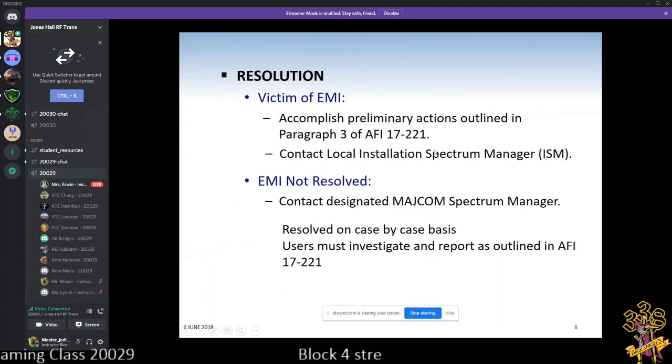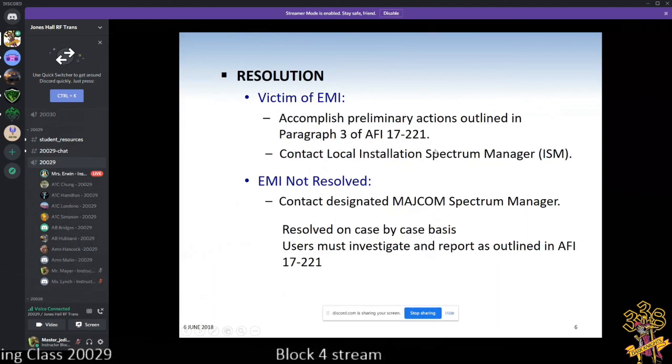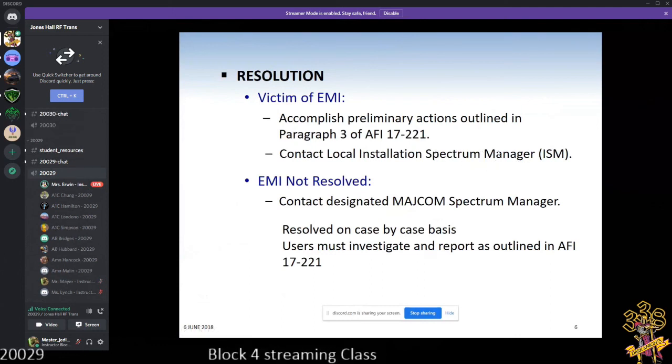How do you resolve it? Well, you're going to accomplish the actions outlined in paragraph 3 of AFI 17-221. You're also going to contact your local installation spectrum manager. If the problem's not resolved, then it'll be pushed up to your MAJCOM spectrum manager.